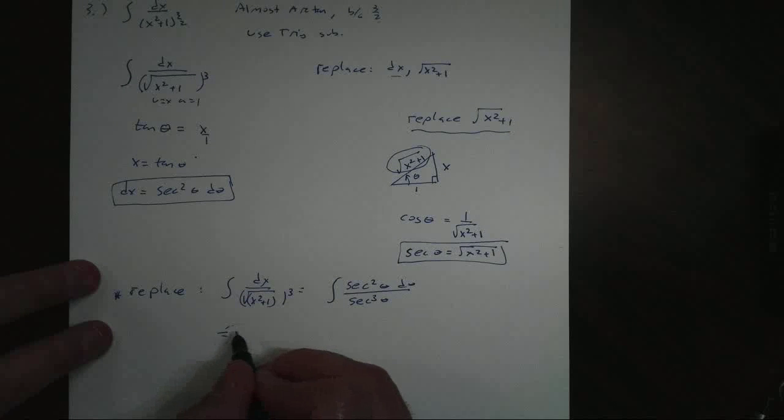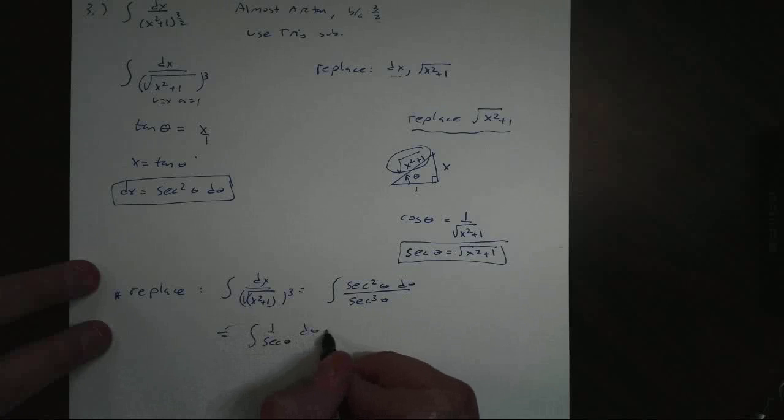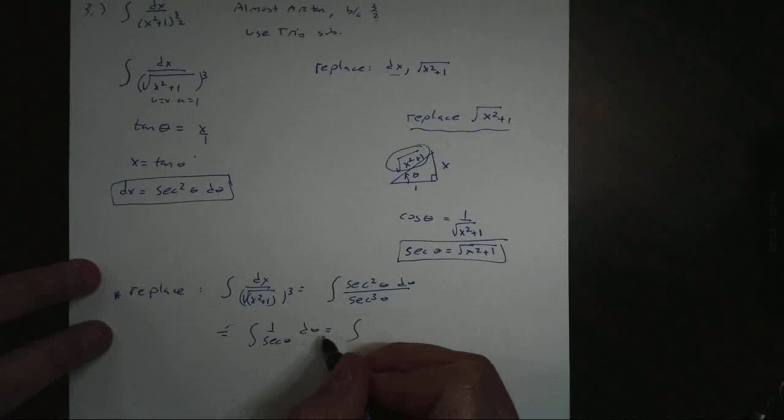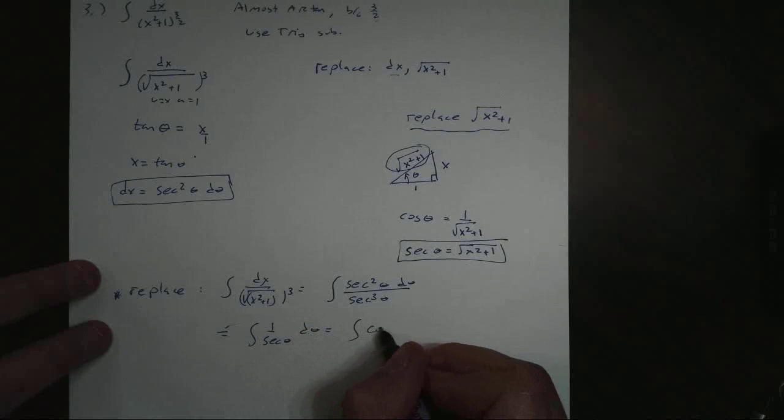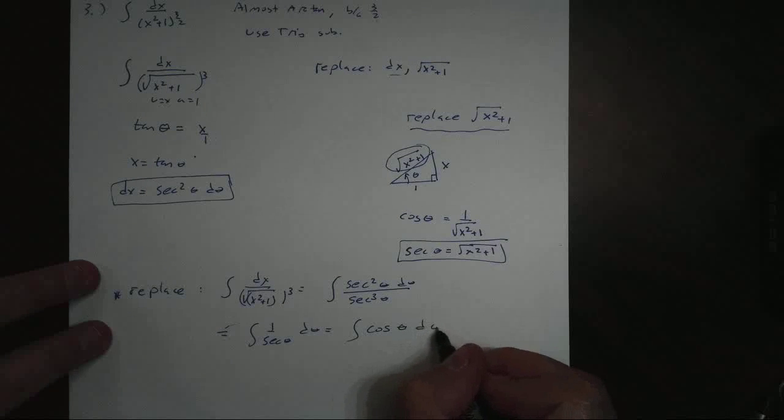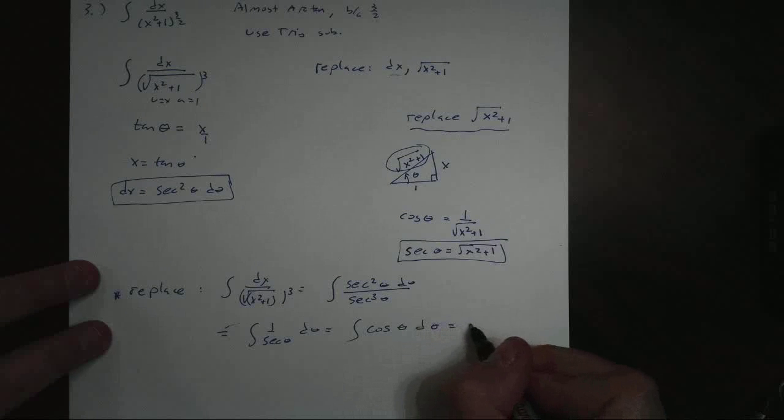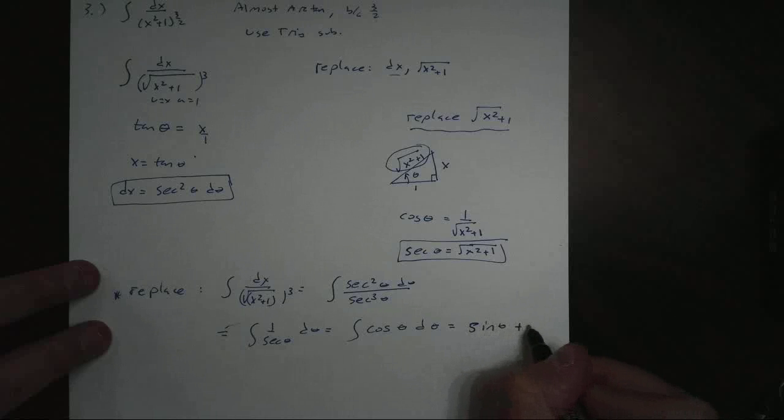If we simplify this, we get 1 over the secant of theta d theta, which is, don't say secant to the negative 1, that's cosine of theta d theta, which equals positive sine of theta plus c1.